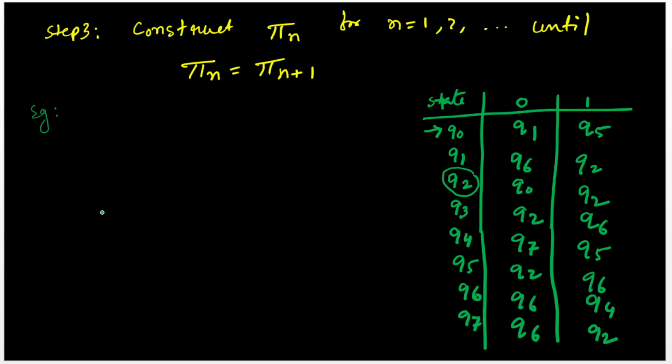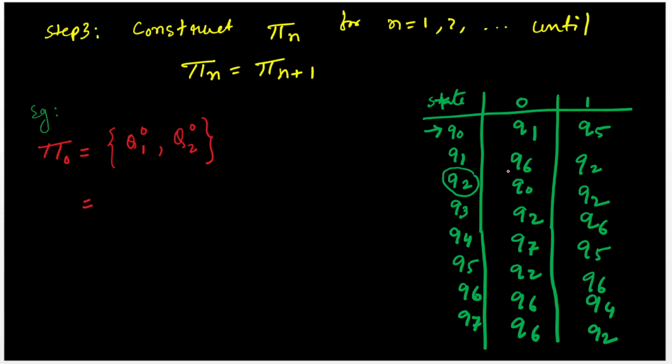So what is the first step to minimize this automata? First step was we had to construct pi of 0. So what is pi of 0? Pi of 0 is basically Q1 of 0 comma Q2 of 0. Q1 of 0 is the set of final states and Q2 of 0 is the set of non-final states.